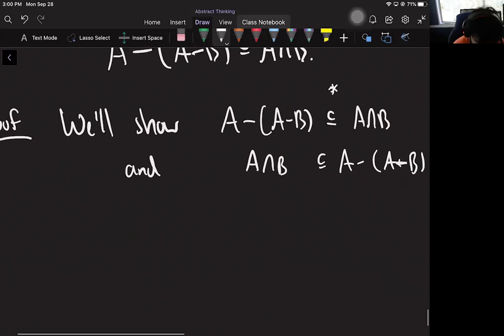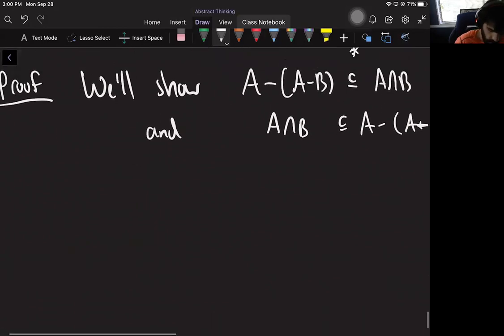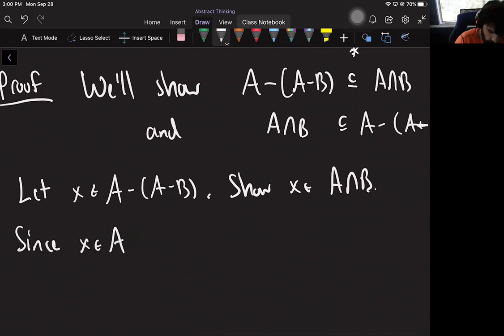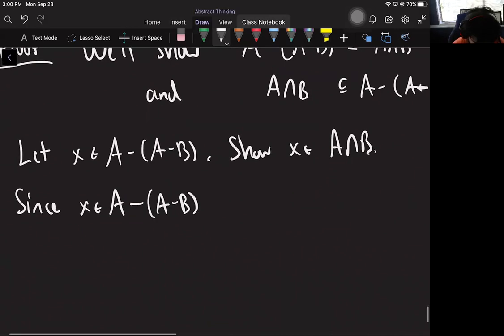Okay, so we're going to show this. And let's do the first one first. So let X be in this thing. And then we're going to show as a result that X is in the other one. And we'll do the other direction after. Okay, so same as the proof I did a long time ago. So you just say what it really means to be in here, and it'll reveal itself to you why it should be in the other one.